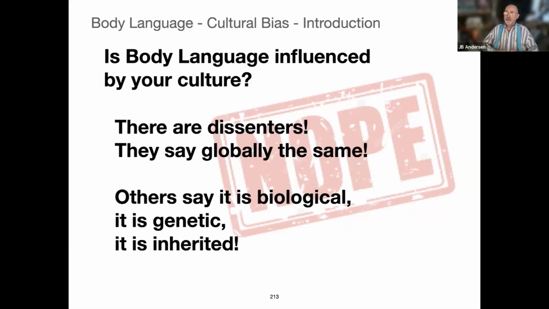Others say, the same ones that say it's globally the same, often say it's biological, it's genetic, it's something that you inherited. So it's not a social thing, body language, it's a biological thing.